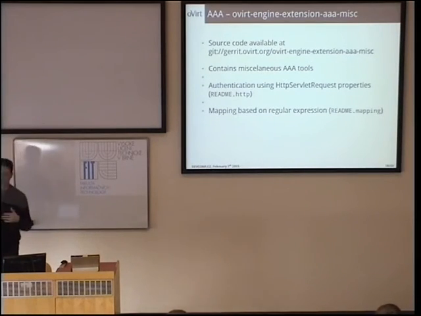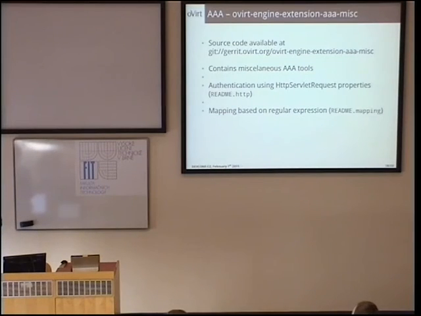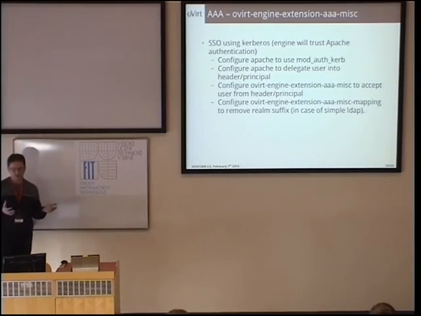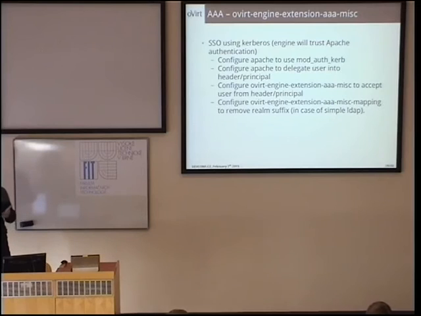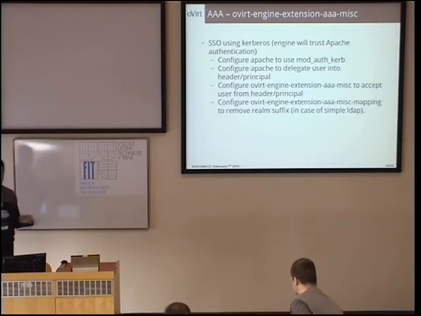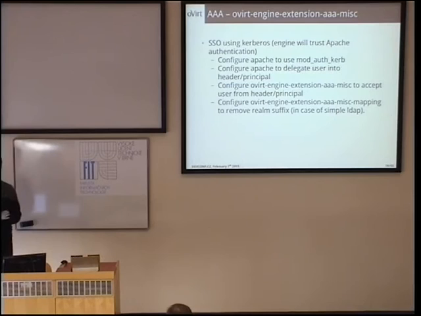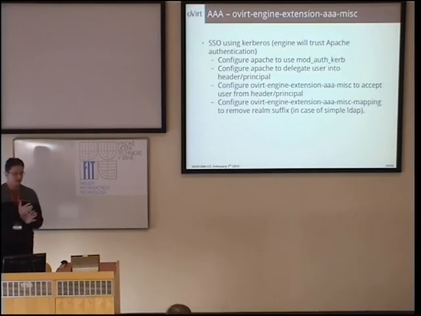And it also provides mapping based on some kind of regular expressions for this. So if you are using this, you can enable SSO to the whole oVirt engine using Apache. If you configure mod auth kerb in Apache, configure it to pass this authentication information in a header and principal, and configure this extension, you can do even now single sign-on using Apache.